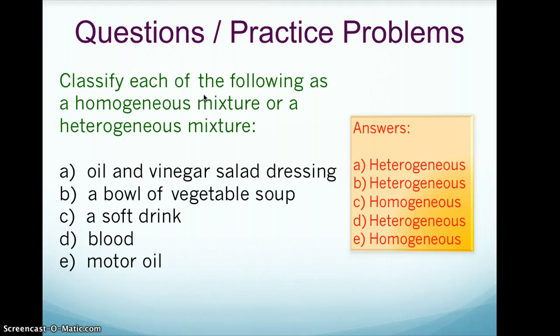A soft drink is a homogeneous mixture, letter C. It looks the same, but don't forget that soft drinks have a lot of different stuff in it, from sugar to high fructose corn syrup to water to carbonic acid, lots of stuff. So it's really, does the matter look different? Does it look like it's composed of one or two different substances?